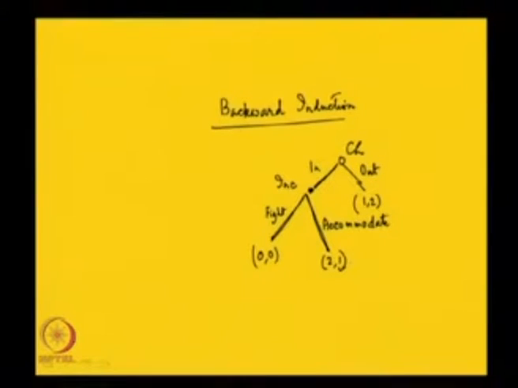He now knows that if he gets in, obviously the incumbent will accommodate, in which case the payoff can be thought of as being here. So, the challenger has to compare between 2 and 1. If he gets in, the incumbent will accommodate, so he will get 2. If he gets out, he is getting 1, and therefore he will always get in.